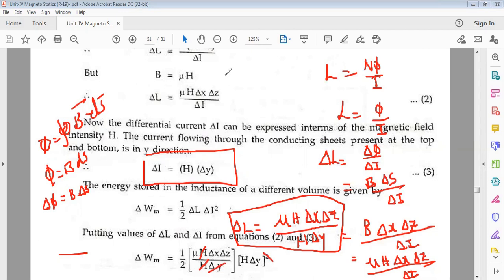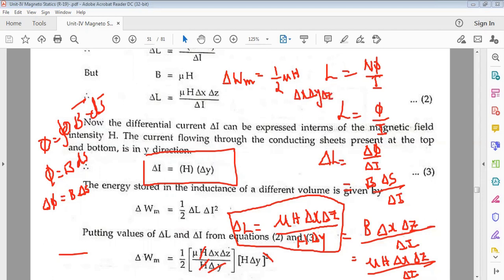The remaining function, the incremental Wm, the energy stored in the magnetic field, is 1/2 mu H into delta X, delta Y and delta Z.